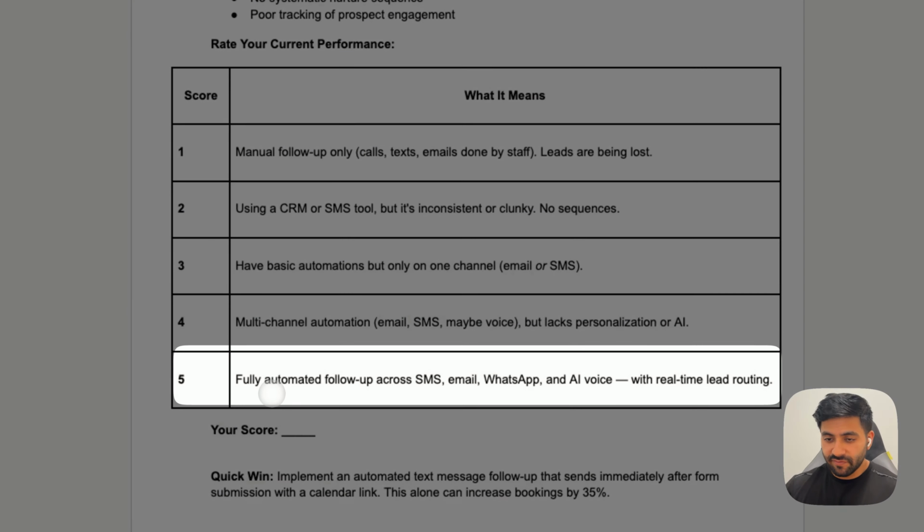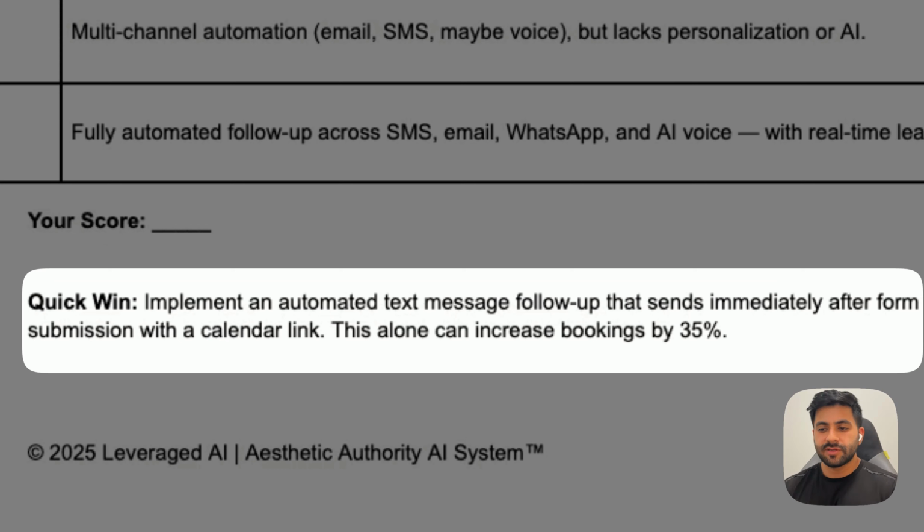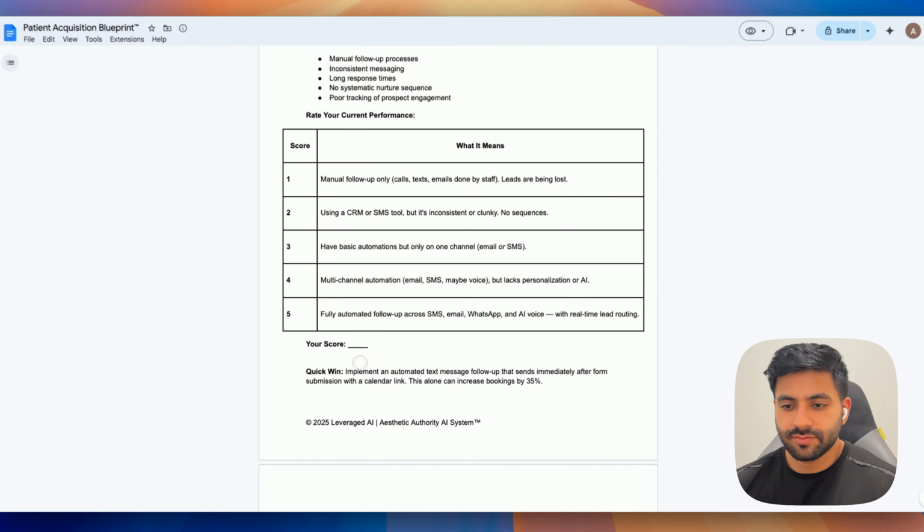If you're using fully automated follow-up across SMS, email, WhatsApp, and AI voice with real-time lead routing to make sure that you're dealing with the most valuable leads right away, that is what gets you a 5 out of 5 here. Here's a quick one. If you just implement automated text message follow-up that sends immediately after a form is submitted by a prospective lead, then this alone will probably increase your bookings by 35%.